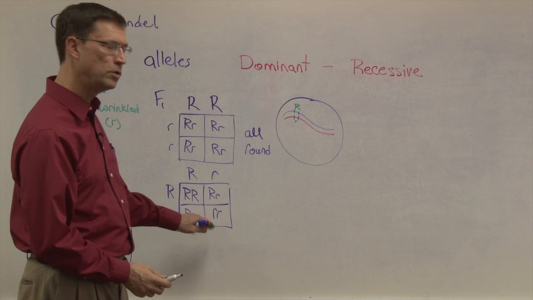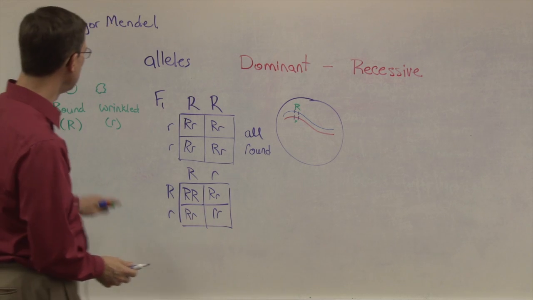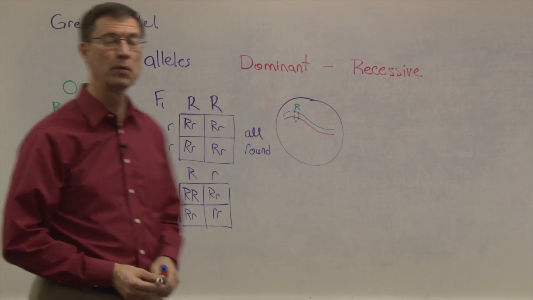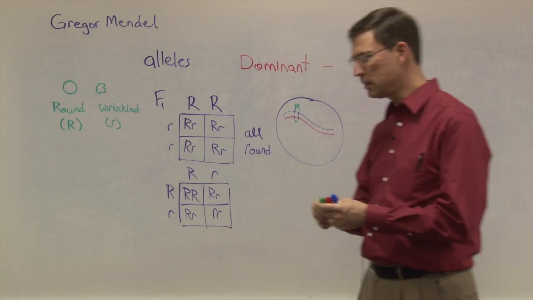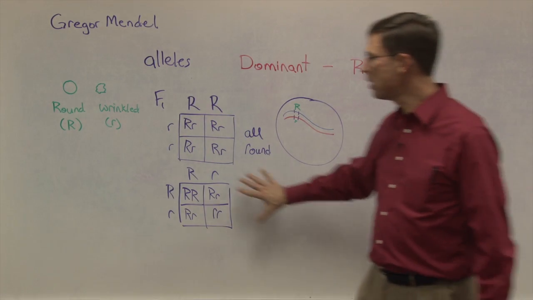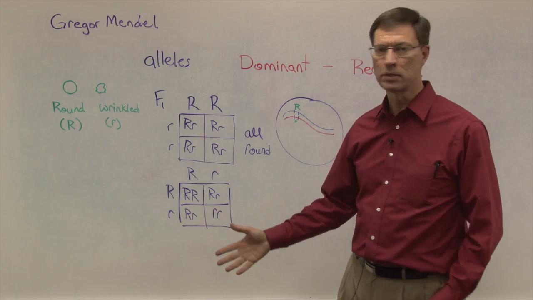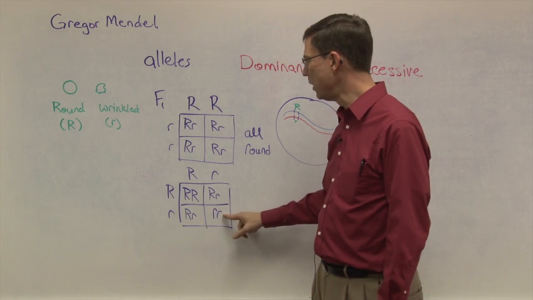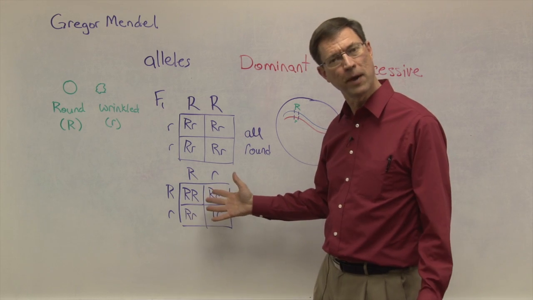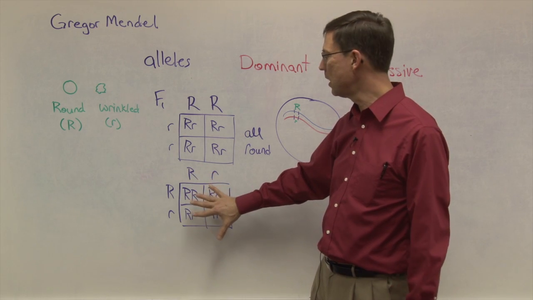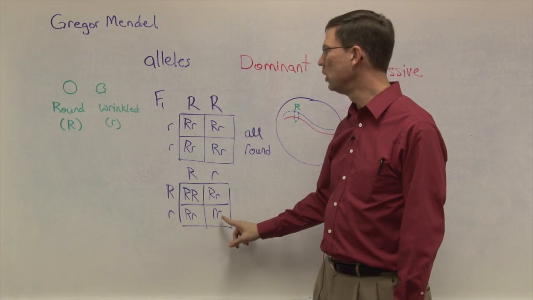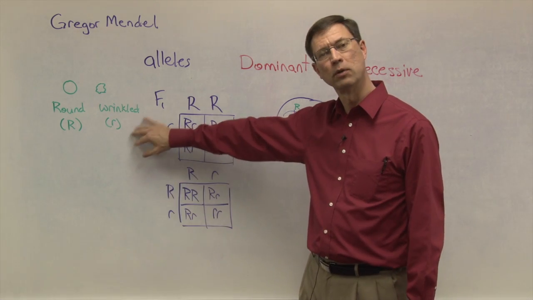And the lowercase letters represent the recessive trait, which in this case is, like we were talking about, the wrinkled peas. So out of all the plants, he didn't just plant 4 plants. I mean, there are lots of plants. But a ratio of 3 to 1, or 3/4, 75% of the plants ended up looking like they had the round peas, and only 1/4 had the wrinkled peas.